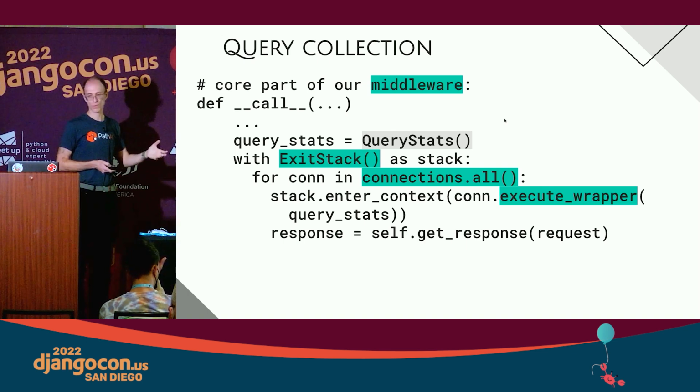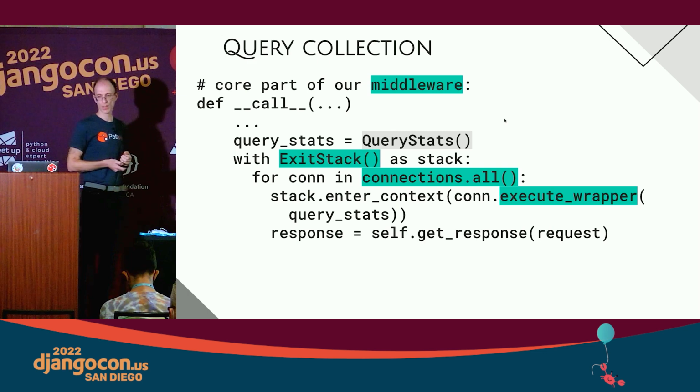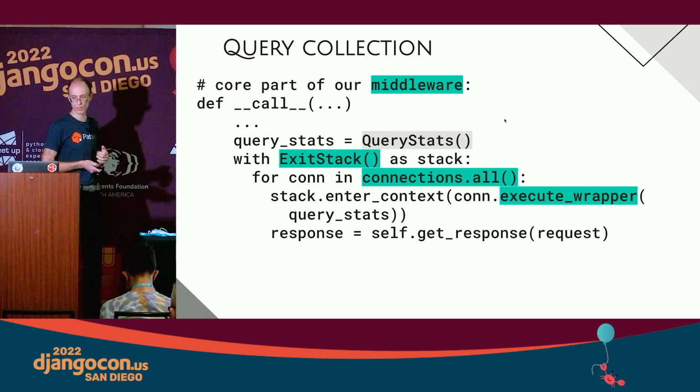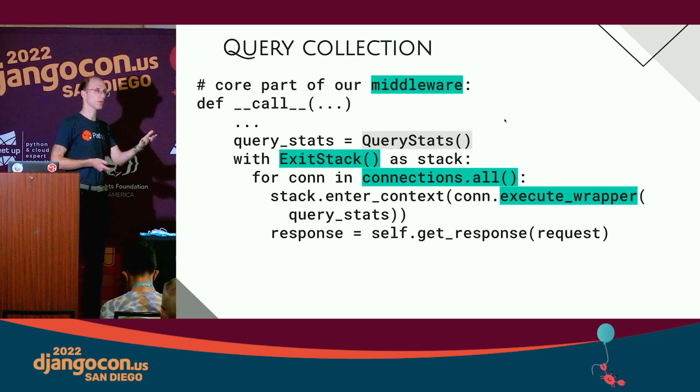You go through all of the connections. You load this wrapper called query stats. That's the main thing that we implemented that has most of the code in it. And then you enter those contexts, you accumulate them in the exit stack, and then that's it. And then you run your request by calling get response, and that's about it.